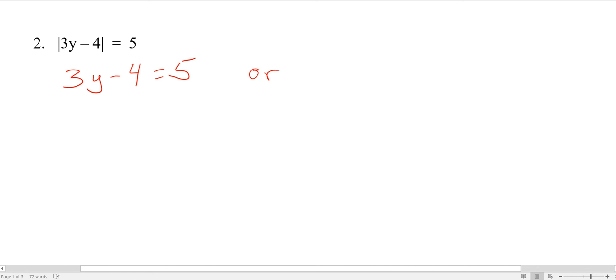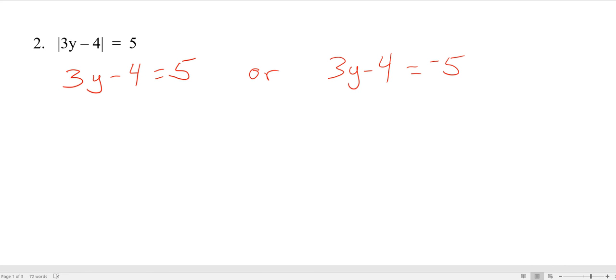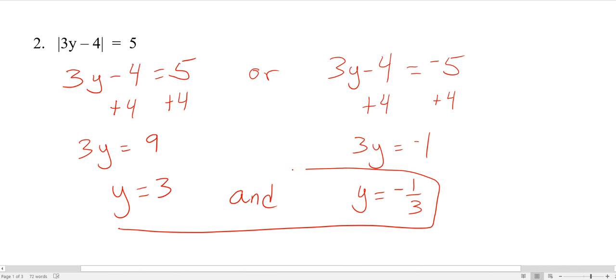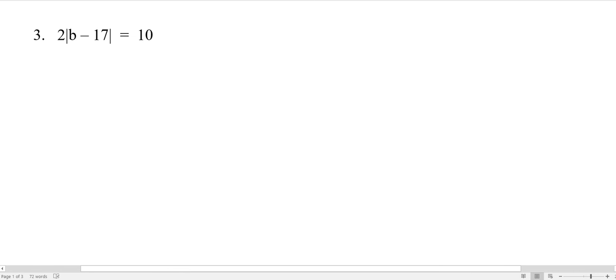Or something else that would make this true would be 3y minus 4, whatever is inside the absolute value sign, is equal to -5. And now we have two equations that we solve, and we end up with y equals 3 and y equals -1/3. So those are the solutions to this absolute value equation.